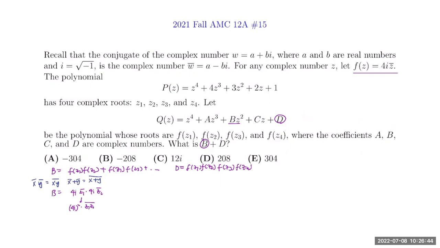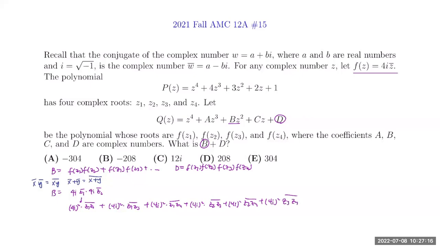That gives us plus 4i squared times the conjugate of z sub 1 z sub 3, plus 4i squared times z sub 1 z sub 4, plus 4i squared times z sub 2 z sub 3, plus 4i squared times z sub 2 z sub 4, plus 4i squared times z sub 3 z sub 4. So this is just all the pairs expanded out.